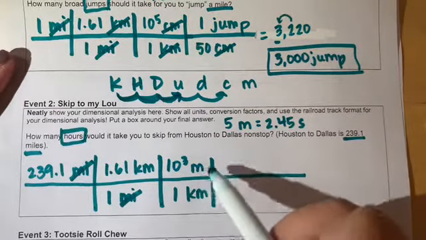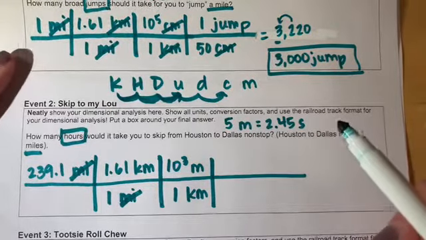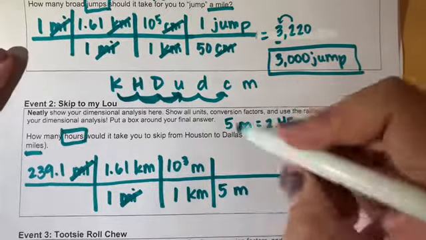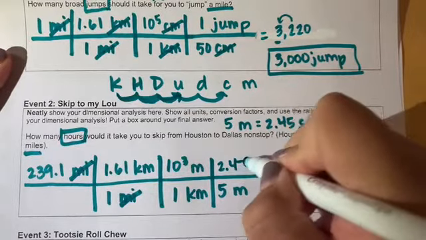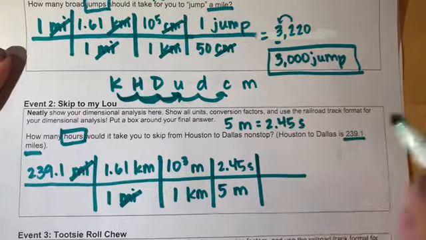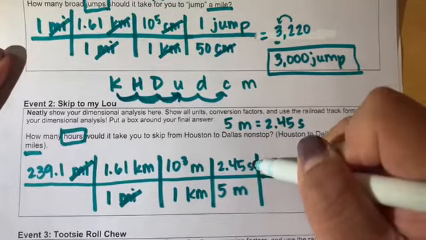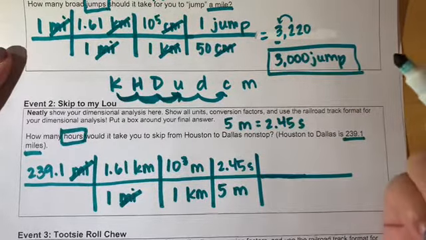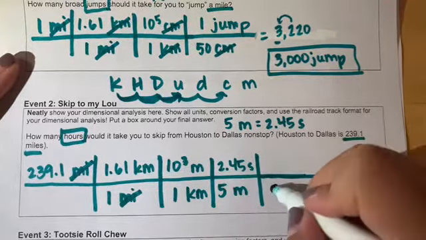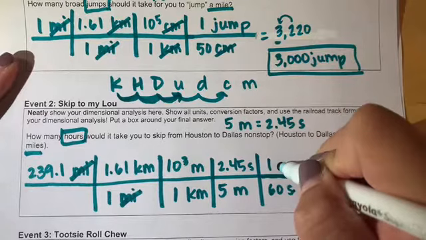Now that we have meters, we can finally use our conversion factor from our event: 5 meters took us 2.45 seconds. Now that we're finally in time, this is the pretty obvious part. Everybody knows that we can go from seconds to hours by first converting into minutes. So we cancel out our seconds: 60 seconds are in 1 minute.